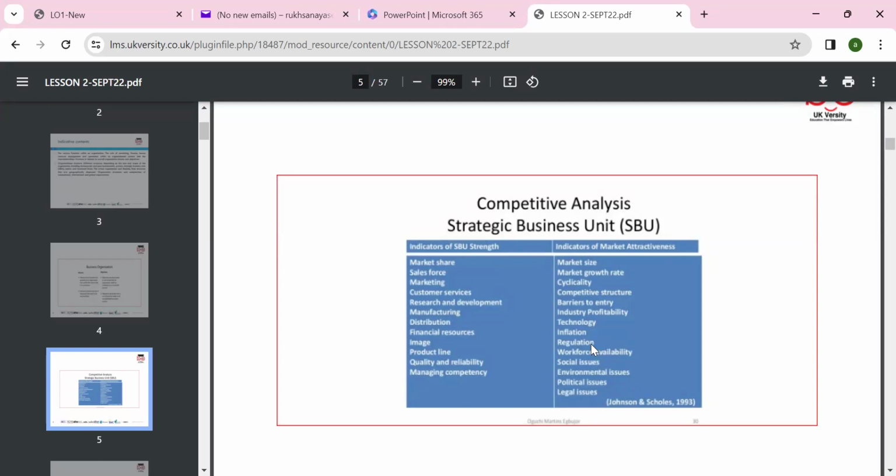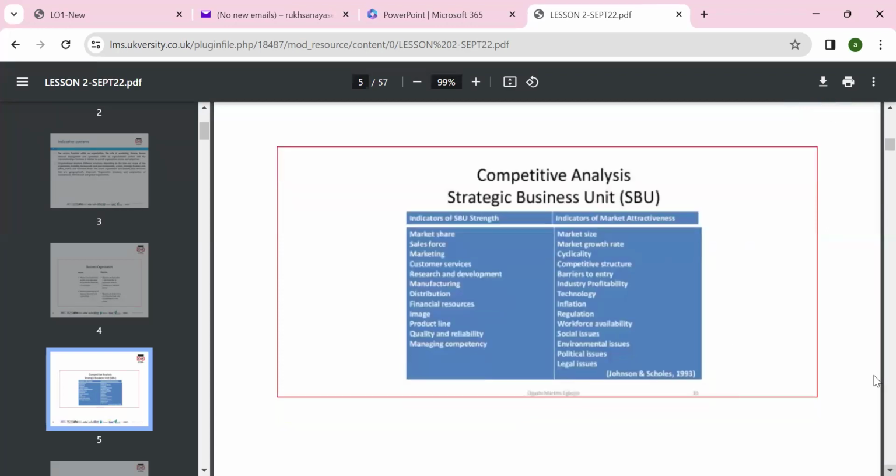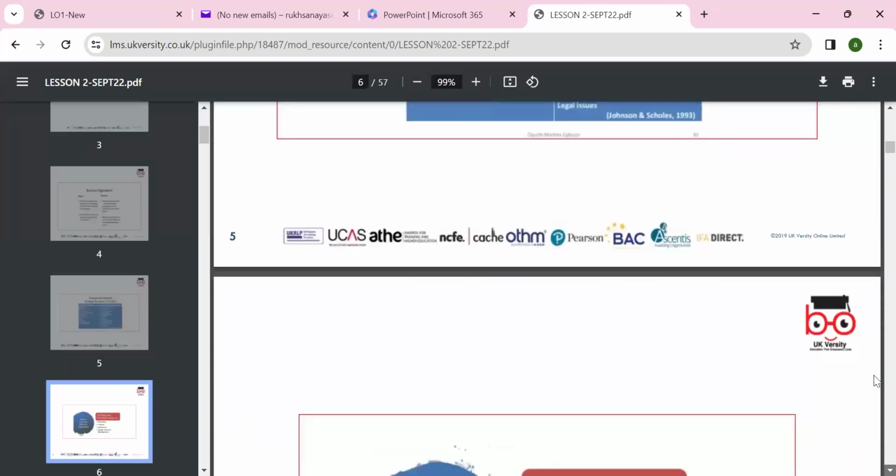People are shifting more to the small models, small cars instead of the big, but it is still a big market as well. The big cars, Ford Focus, Ford Mondeo, Ford Fiesta. So we can look around these SBUs, and accordingly their attractiveness, and we can make the strategies accordingly.